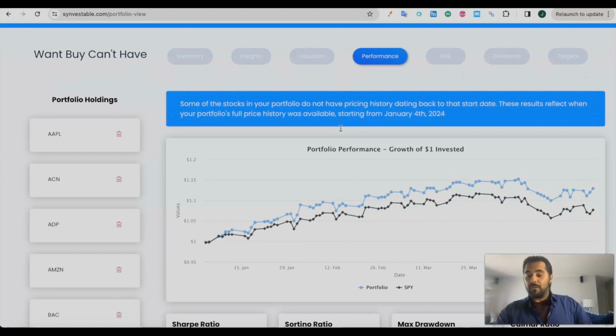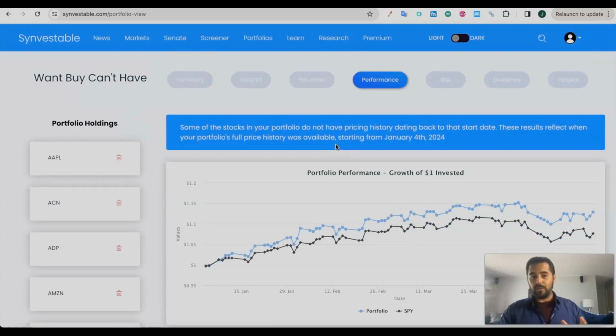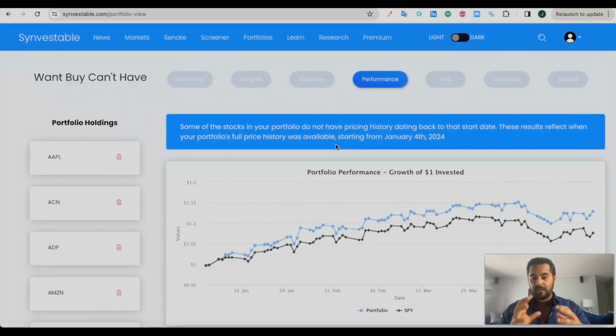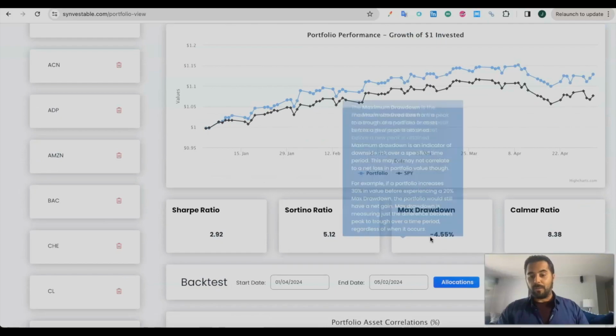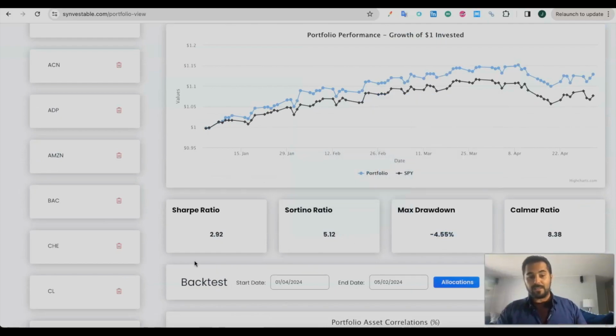Now I'm outperforming the index just because I rebalanced. That's the magic of these portfolio tools. It's just by tweaking little things here, kicking out positions, adding in companies, rebalancing according to sector or market cap. I'm getting better performance. Look, I have less risk now, less downside risk.